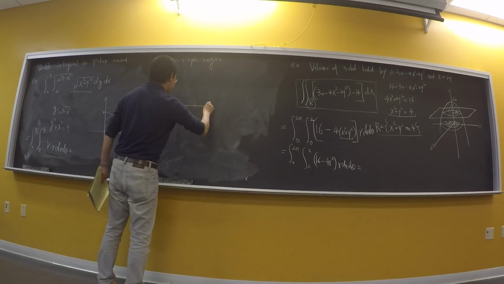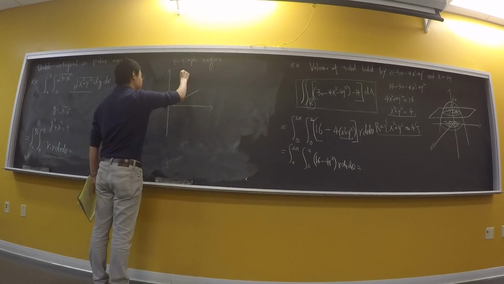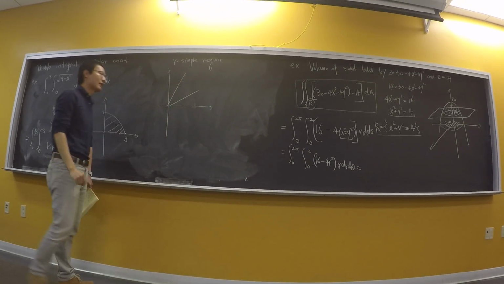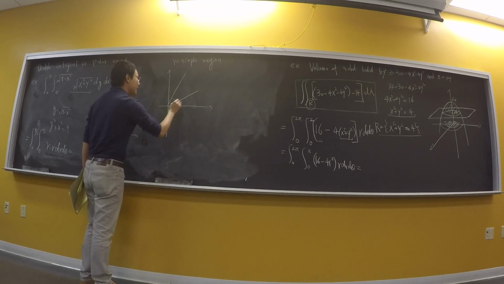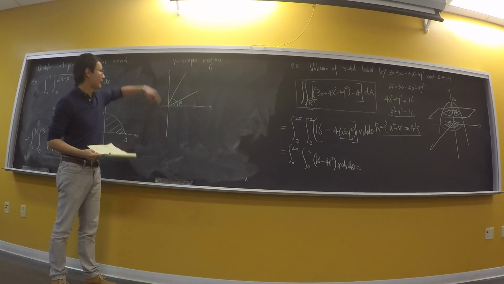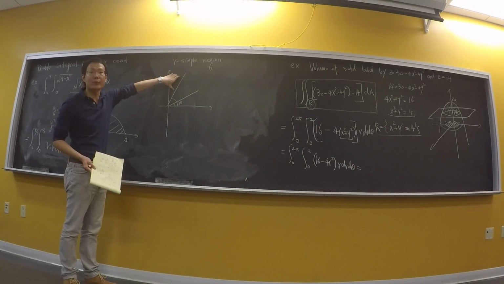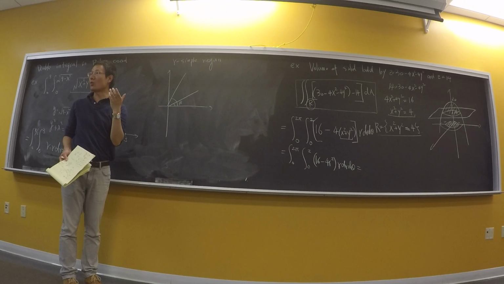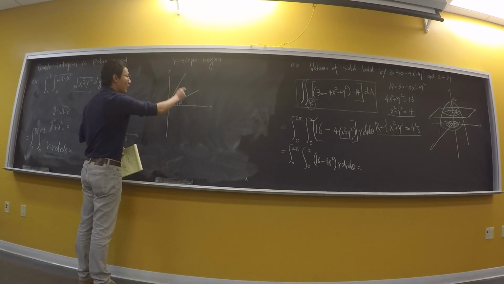So remember, when I have a polar rectangle, I have two angles. The smaller angle is alpha, the larger angle is beta. And then I have two radii, the smaller radius a and the larger radius b. An R simple region is about the radius changing according to the angle. So essentially, I don't have two arcs to bound this region.